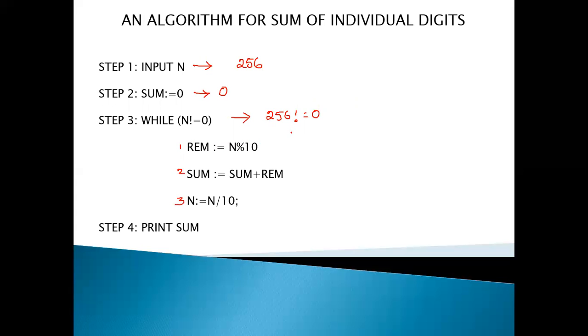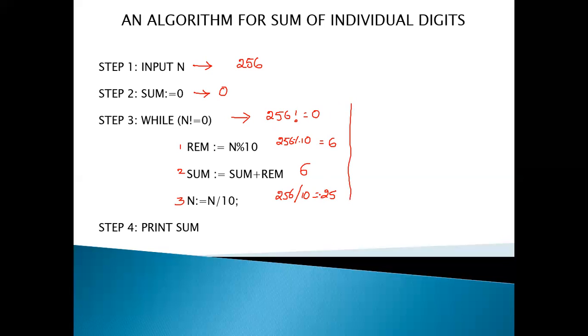In the first cycle, 256 is not equal to 0, so the remainder is 256 percent 10, that is 6, and it is added to sum. Sum is 0 initially, so 0 plus 6, the sum becomes 6. After that, n is divided by 10, which gives 25. This is the first cycle.